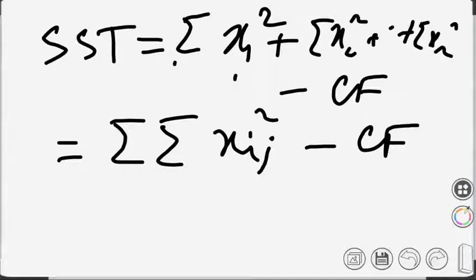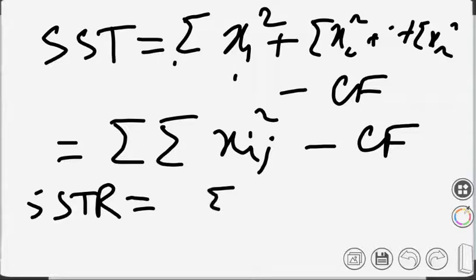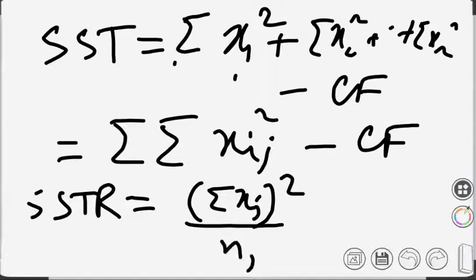Then we'll write down the formula for SSTR. SSTR equals summation xj square by nj minus CF.